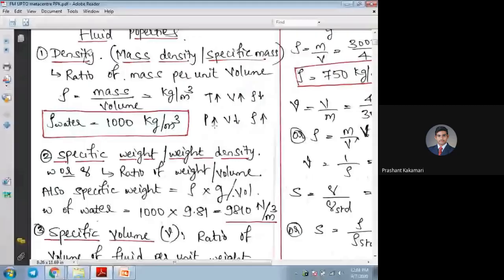If you assume the container is completely closed, the pressure may be increased or decreased. If pressure is increased, I am applying force on the entire fluid, and the volume is going to reduce a little. In such a case, the density is going to increase, but not for water.